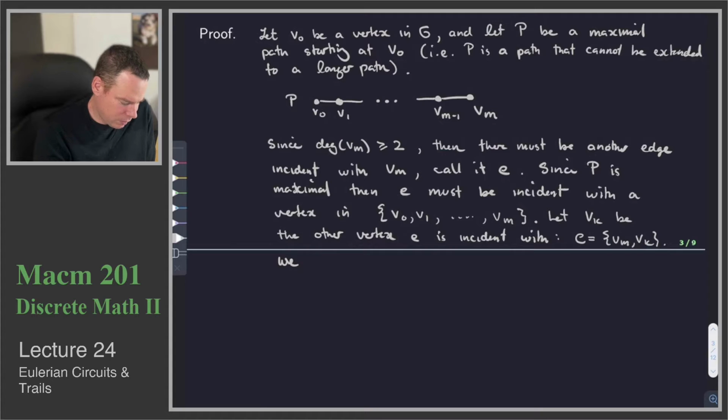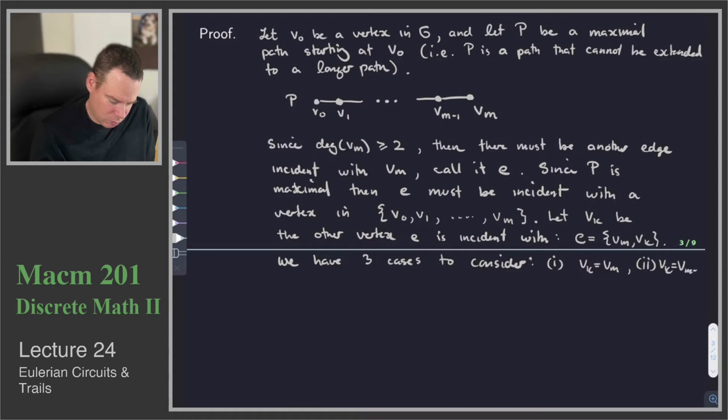Then what we have is three cases to consider. What are those cases? Well, case 1 is Vk is just Vm itself. Case 2 is Vk is just the prior vertex, Vm minus 1.